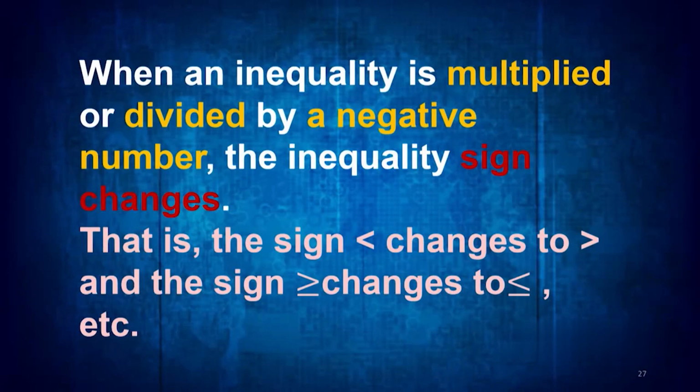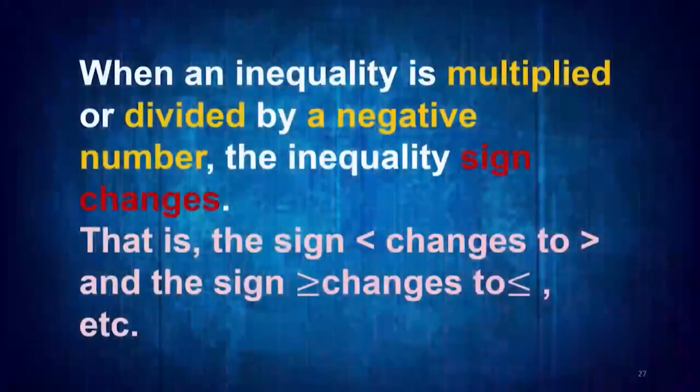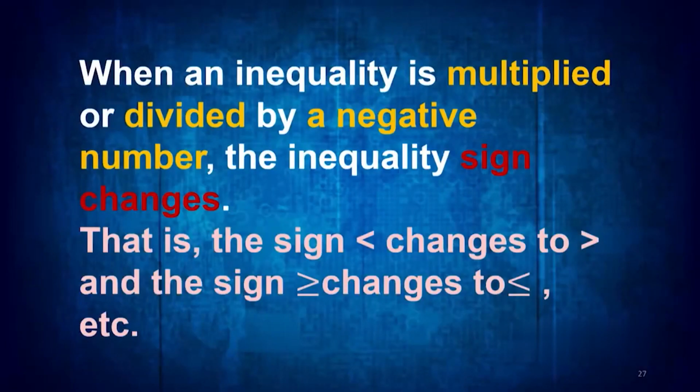That means the sign less than changes to greater than, and the sign greater than changes to less than, and greater than or equal changes to less than or equal, etc. Okay, children, now you know the important facts of inequality.